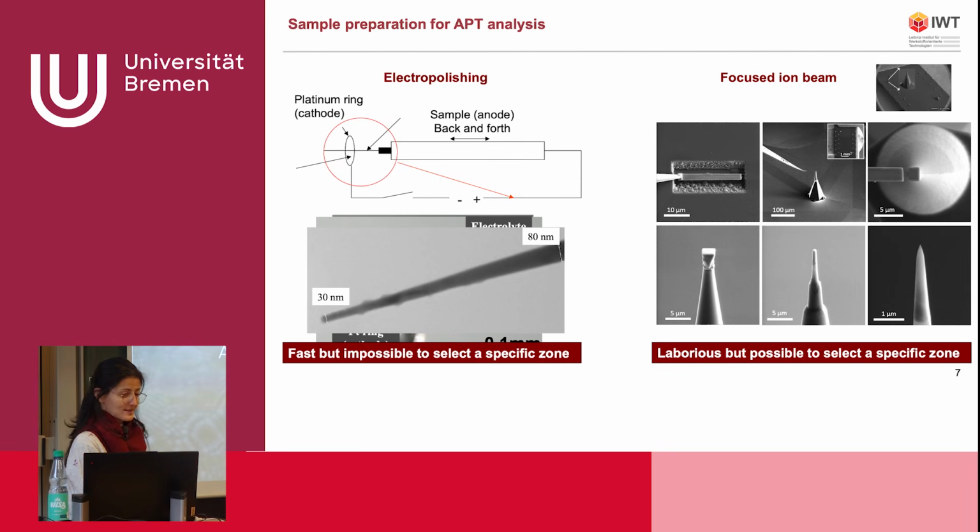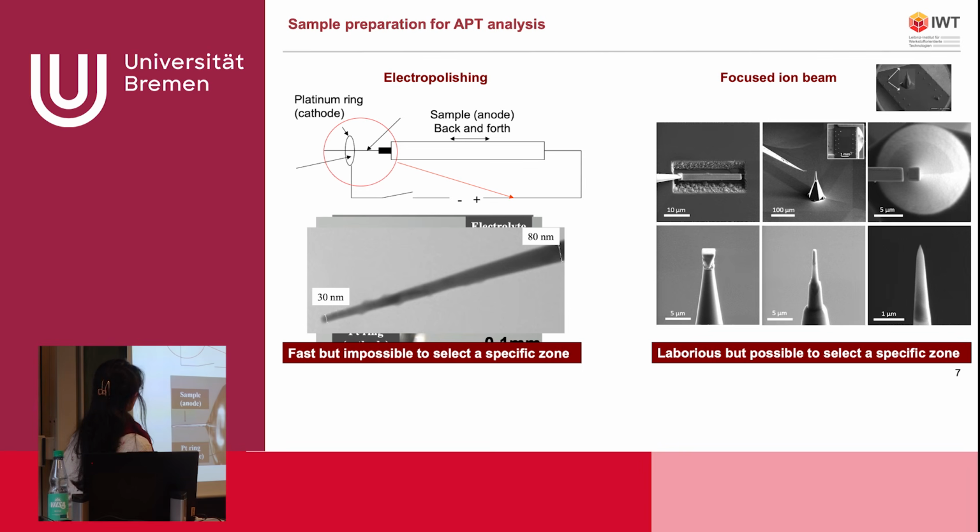To prepare one sample, we have two different techniques. The first one is a conventional electropolishing technique. Here we have a platinum ring that is typically 5 millimeters in diameter, and we have our sample that is cut in the shape of a parallelepiped or a cylinder.